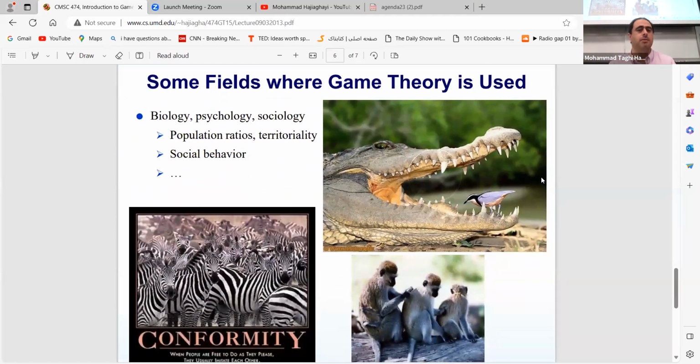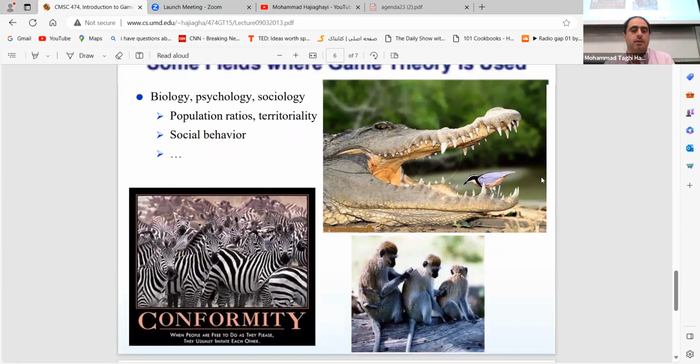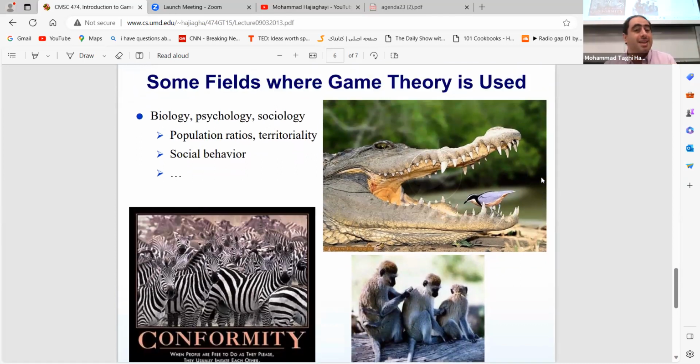Another thing, as I mentioned, is biology, psychology, and sociology. For example, the example that I mentioned about bacteria in a mouse, or you can consider any other type of animals or biology. Everything essentially is about game theory. Another thing is sociology, for example, something like Facebook.